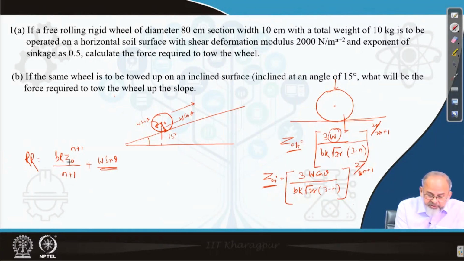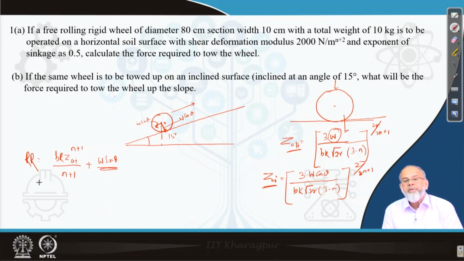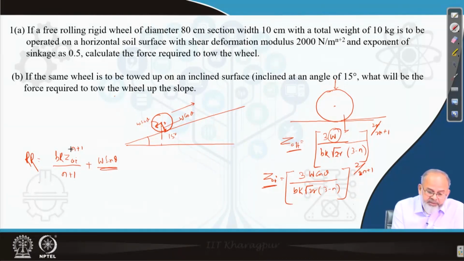Now in this equation we can write the rolling resistance as equal to B k Z0I raised to the power n plus 1 by n plus 1, plus W sin theta. So B is known, K is known, because these are not going to change, and the exponent of sinkage is not going to change.